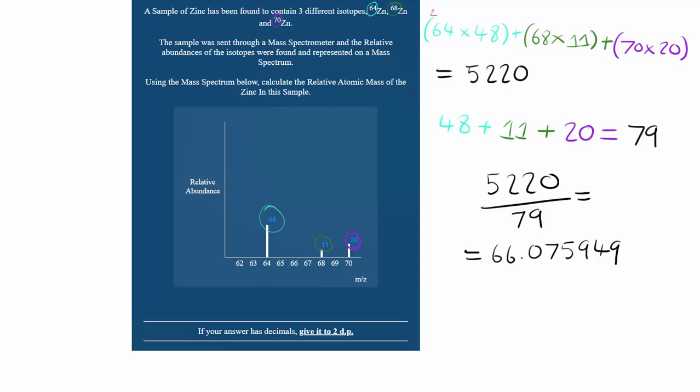Effectively, what do we need to do with this number at this stage? Is this our answer? Now, by way of inspection, let's compare this number with the numbers in our question.